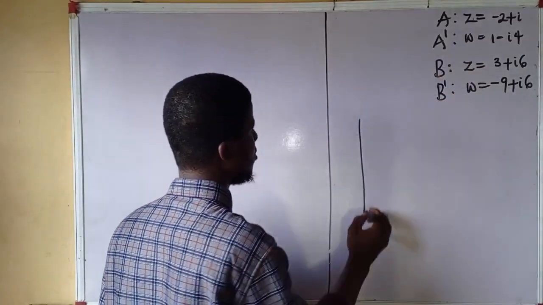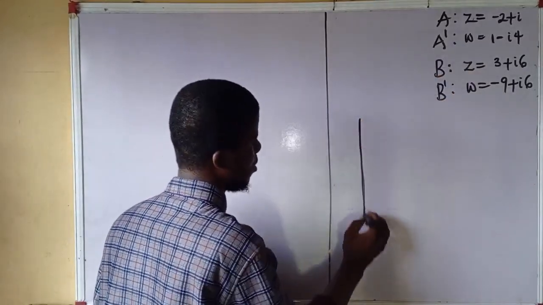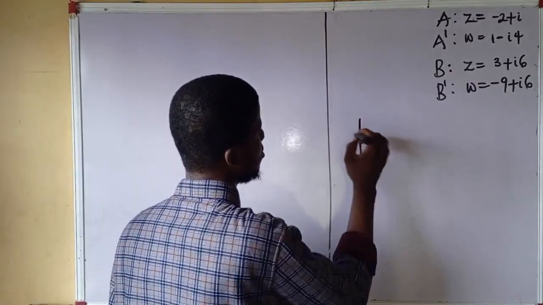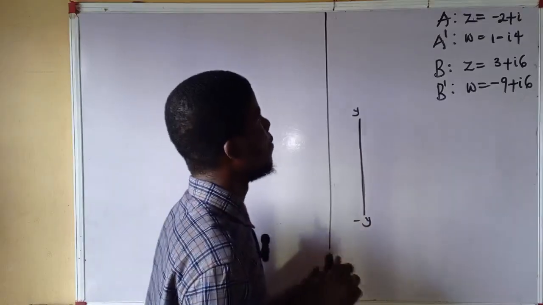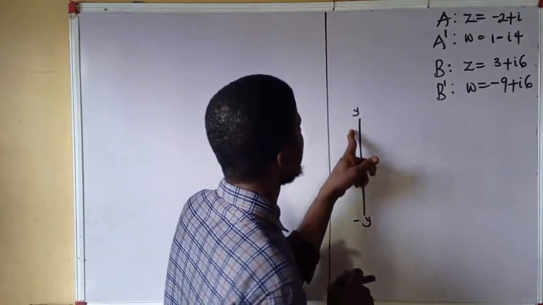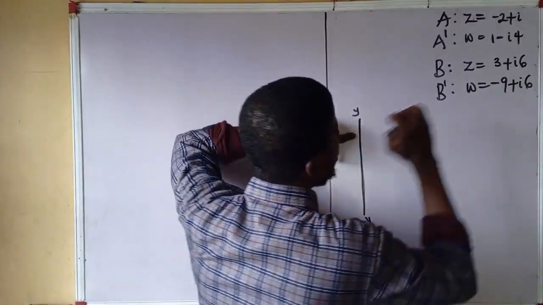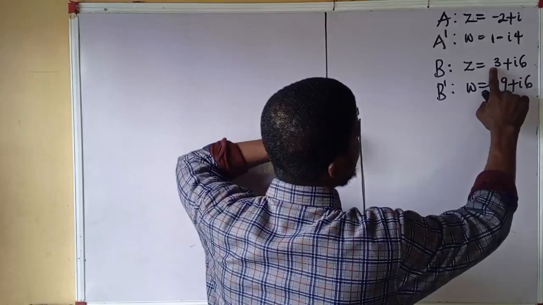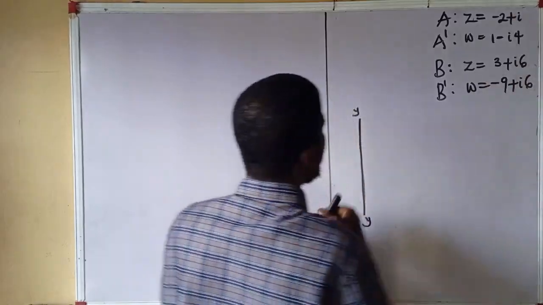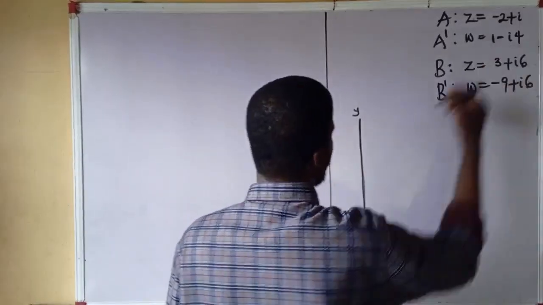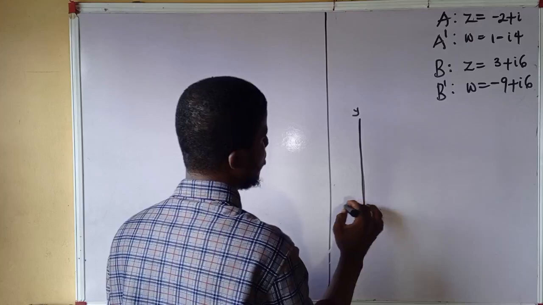On the Z plane, the Y axis and the X axis. For the Y axis, there is no negative number at all, just 1 and 6. Okay, 6 is bigger than 1, so let me raise it up. Let me bring it down.